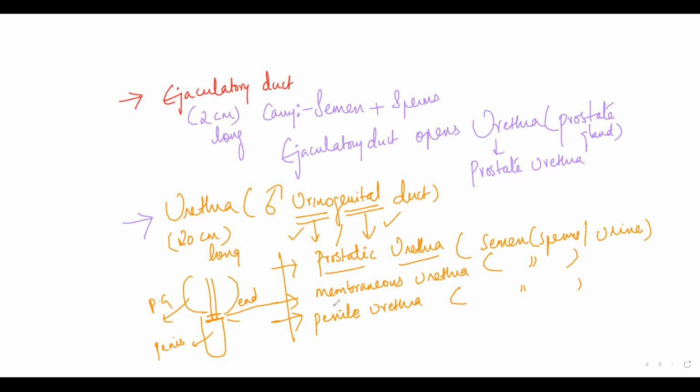And remember that the urethra passes through the penis, and it is surrounded by, let me take a proper view here. This is the penis. It is going to be surrounded by the corpus spongiosum.